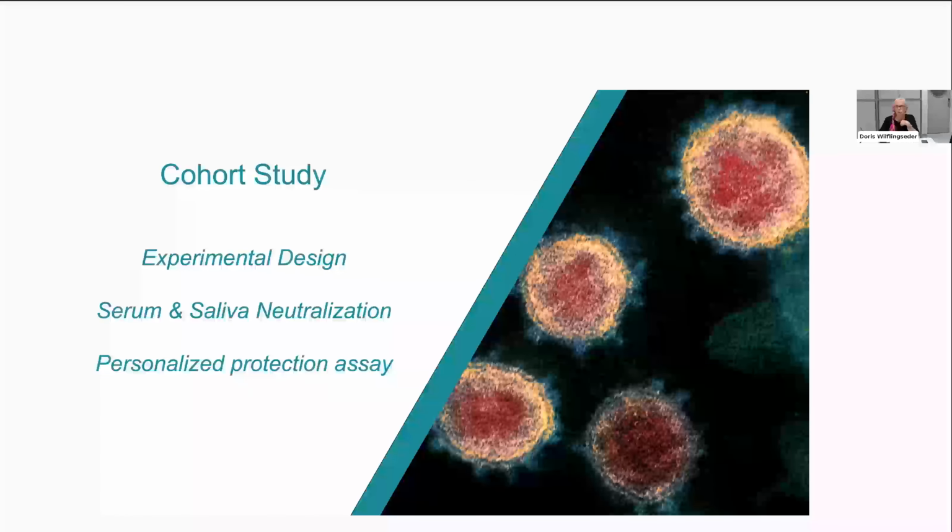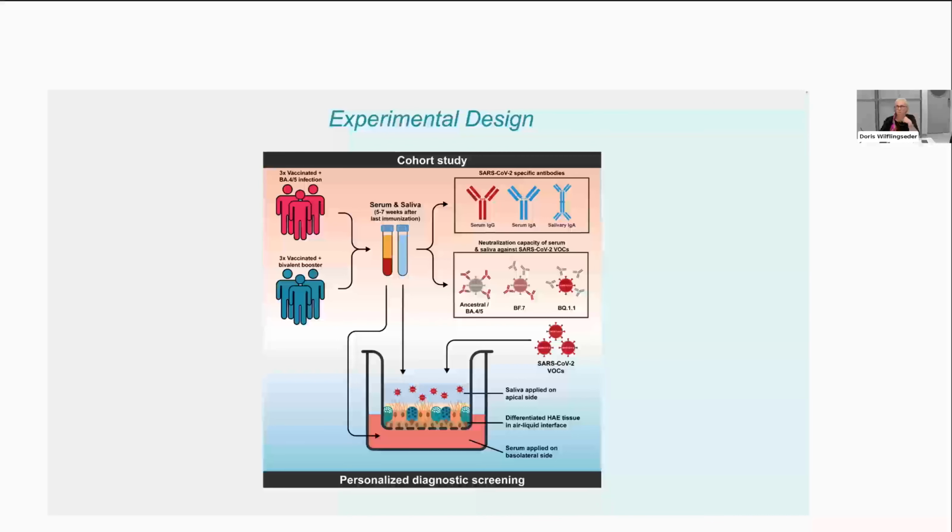We also, as I showed you before, had a cohort study running on serum and saliva neutralization, and this would also result in a personalized protection assay, because then we can determine whether, for example, the vaccination was efficient and whether it is also efficient against newer variants of concern.